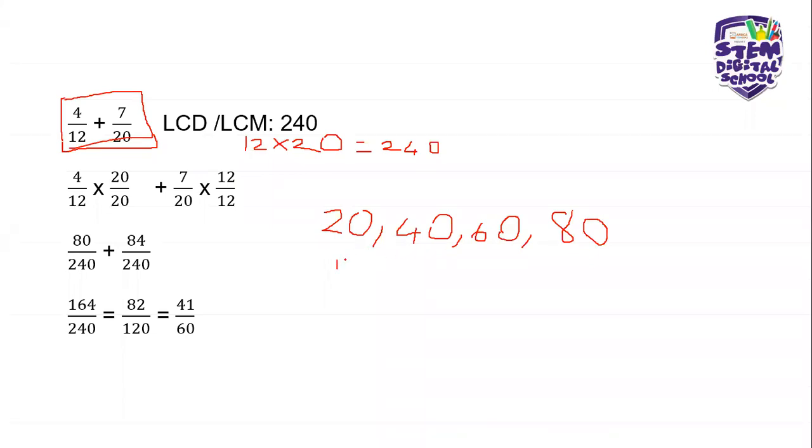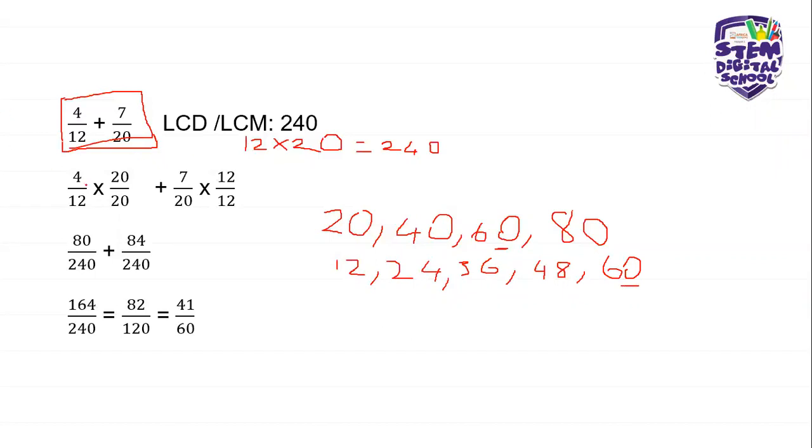So it's 12, 24, 36, 48, and then my dear friend 60. Automatically, 60 here is our lowest common denominator.